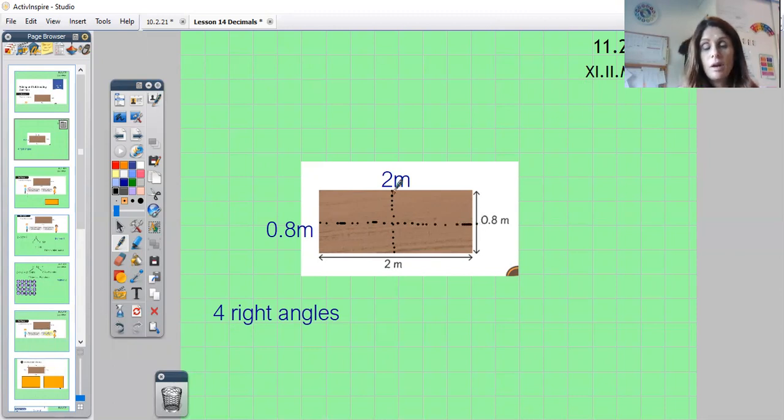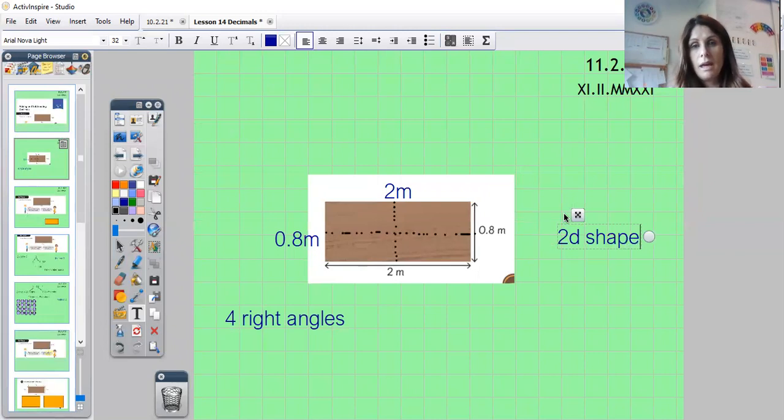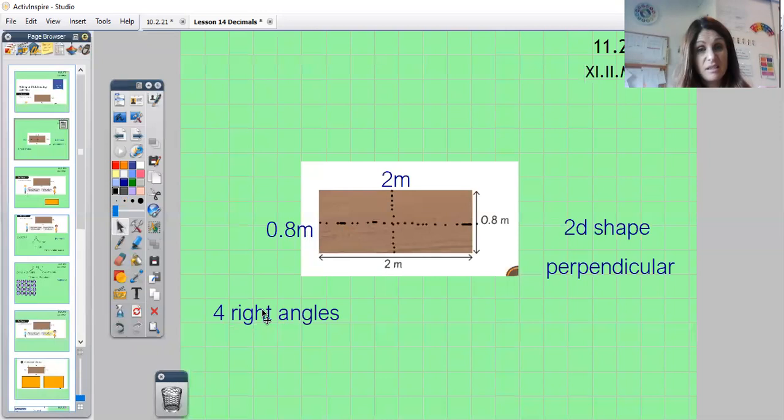Okay, could we say anything else? We could say that it is a 2D shape. We could say that this line is perpendicular to this line. So we could use some of that lovely language, perpendicular. Anyway, I'm not going to go on too much about that, but there's some ideas of other things that we might be able to state about this.